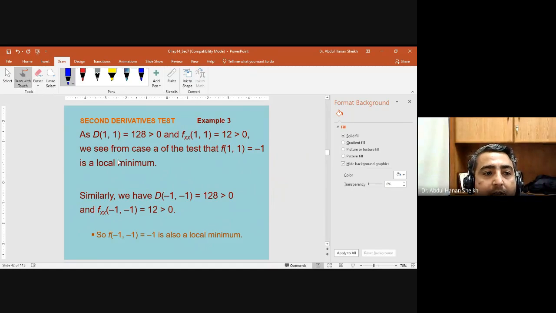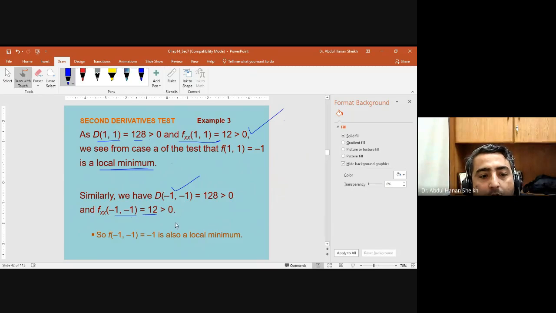If you plug in 1, your D is positive, and once your D is positive, you will check f of x x at 1, 1, and this is also positive. This means this point 1, 1 will be a minimum. Similarly, when you plug in this point, you will notice that D is positive, and next you have to check f of x x again on this point, and this is again positive.